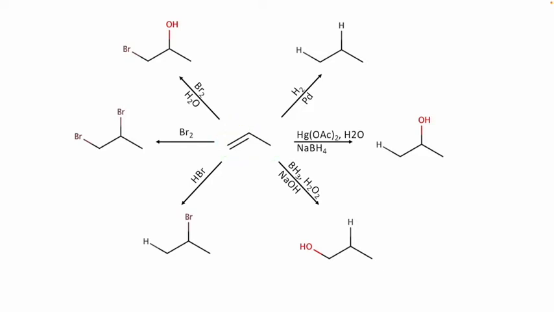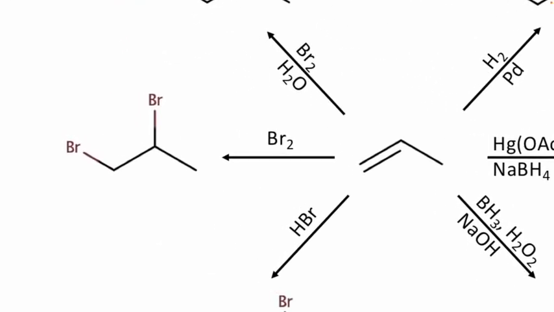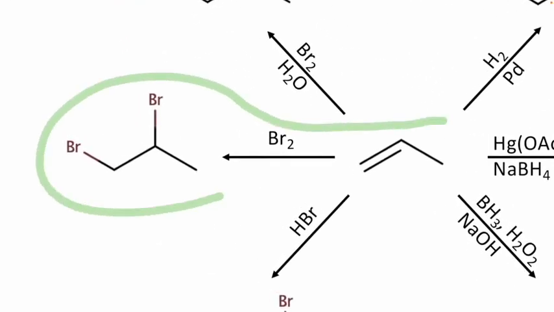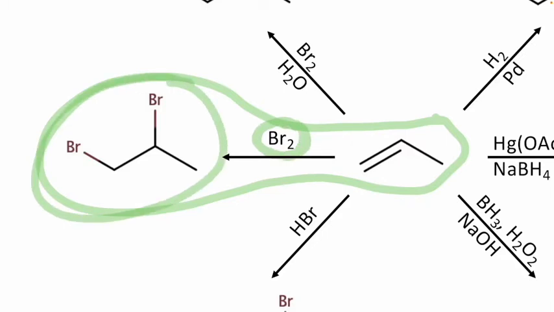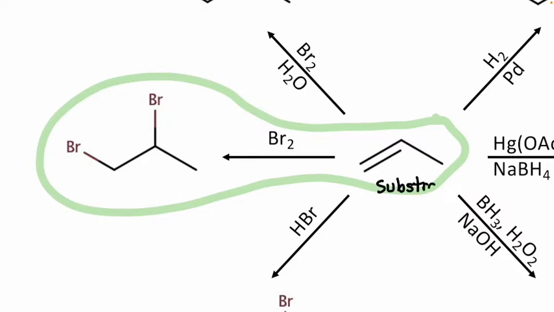Let's take one of these for example. This would be one reaction here. What this is saying is that our alkene, plus in this case bromine, leads to this product here. In this case, the alkene would be our substrate. That's what you start with.